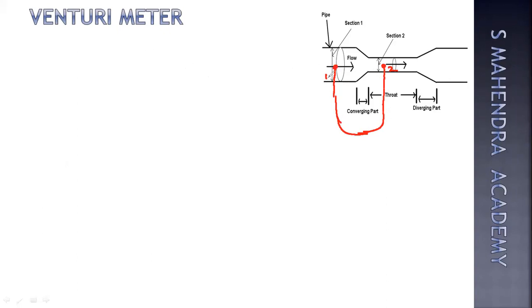Now we will consider point 1 and write the energies associated with that point. So for point 1, the energy associated will be the pressure energy P1 upon rho G, plus Z1, plus U1 square upon 2G, and it will remain constant.